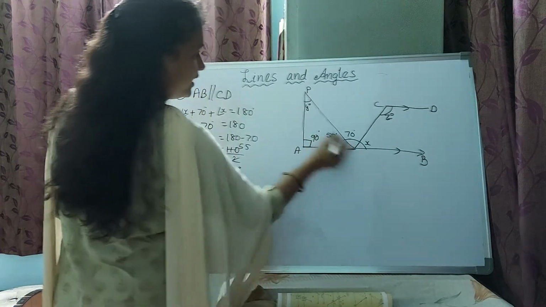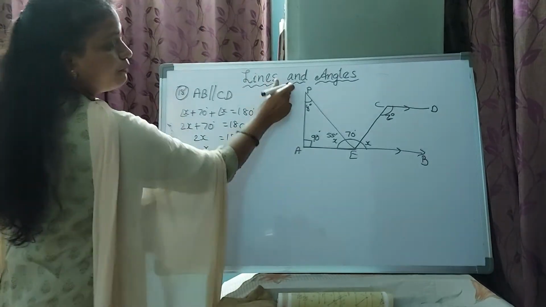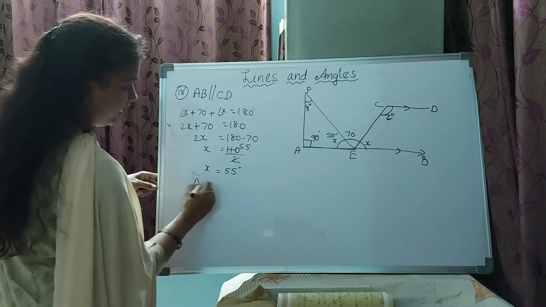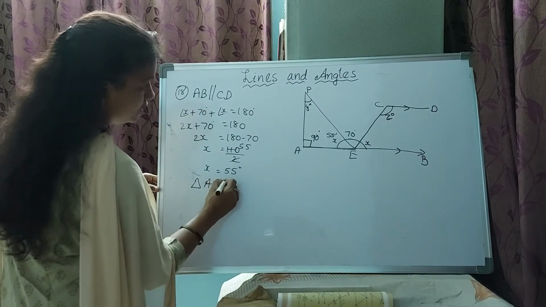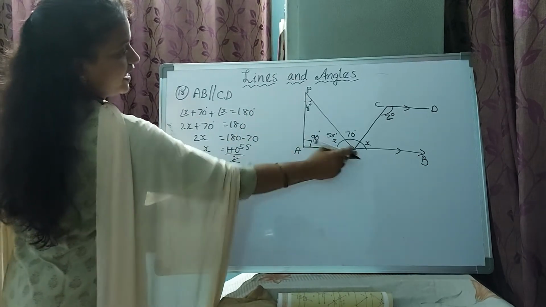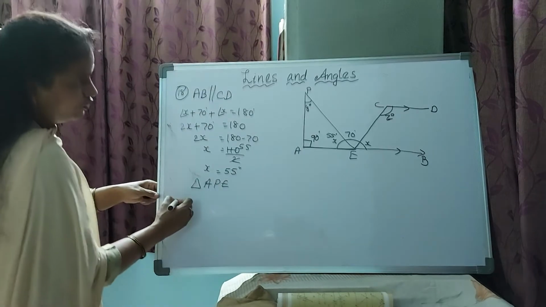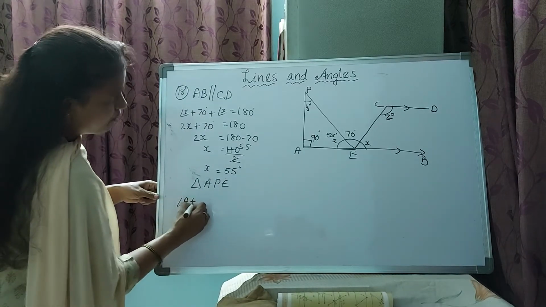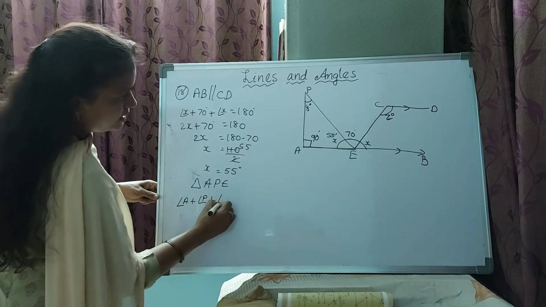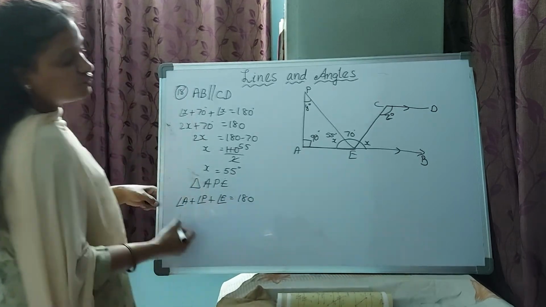See, in this triangle, this is E. In triangle APE, this is one triangle. In this triangle we know this one, and the third angle we have to find out. Angle A plus angle P plus angle E is equal to 180. The sum of the angles of a triangle is 180.